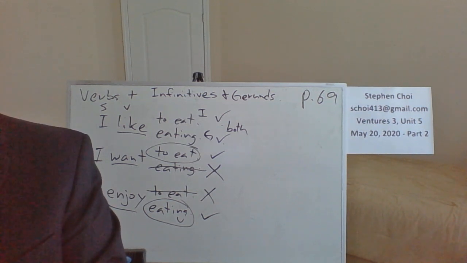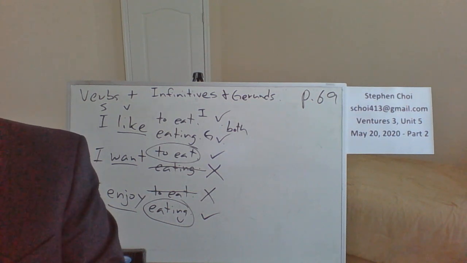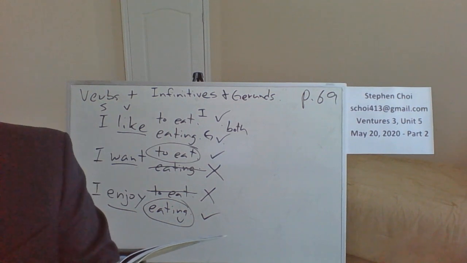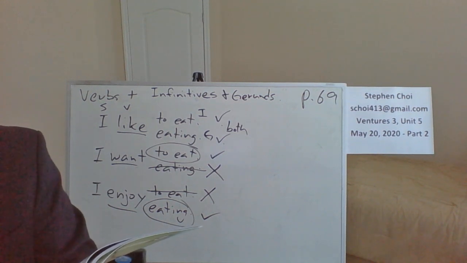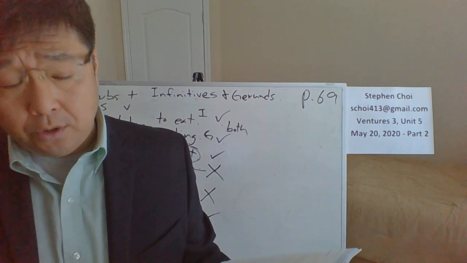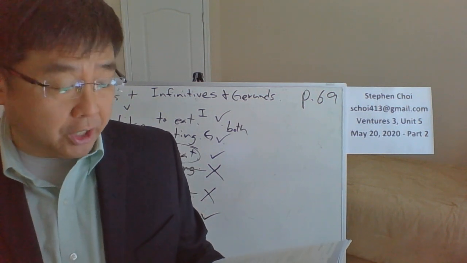These verbs use only infinitives. The next ones, avoid, enjoy, miss, dislike, finish, suggest, only use gerunds. And the last ones use both: continue, like, start, hate, prefer. These verbs use both infinitives and gerunds.